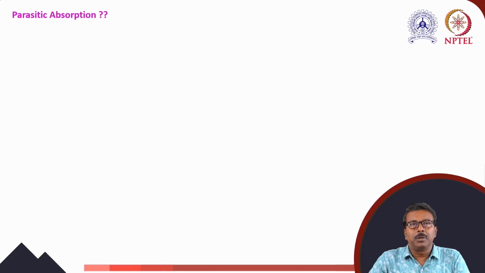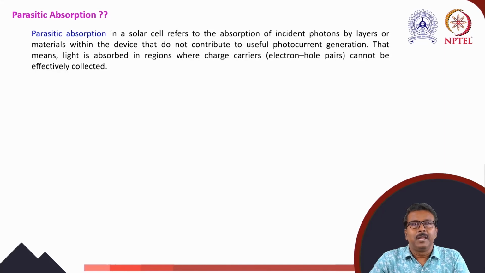Parasitic absorption is a very useful term concerning solar cell performance. So what is parasitic absorption? Basically, parasitic absorption in a solar cell refers to the absorption of incident light by the layers or materials which do not contribute to the photocurrent.